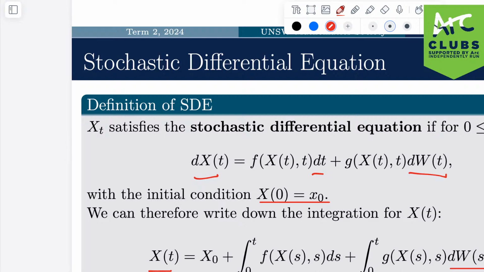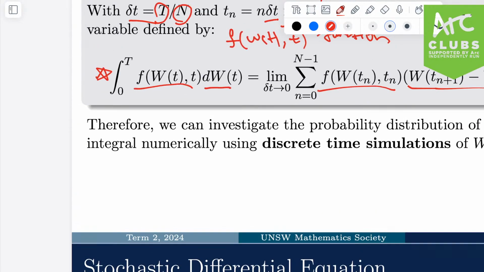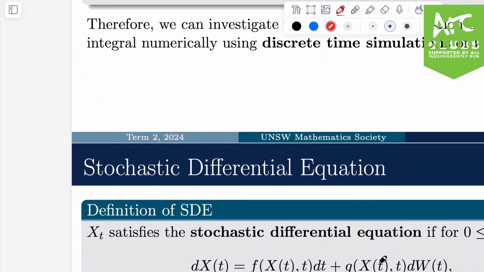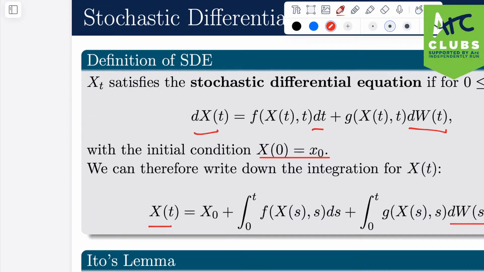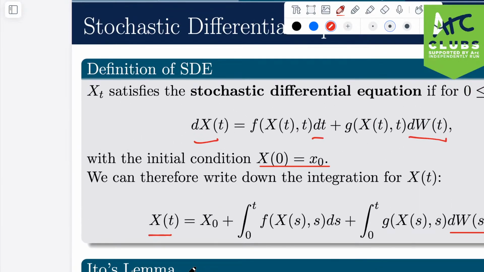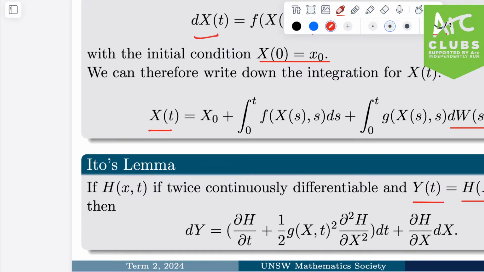I think the issue here is we didn't really talk about what g is, but essentially g is usually a function that is given to you. There's much more we can talk about with Ito's lemma. There's also a proof of Ito's lemma if you are interested, but I guess it's not really a key focus for this course.